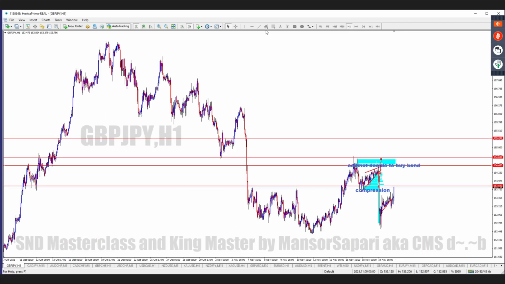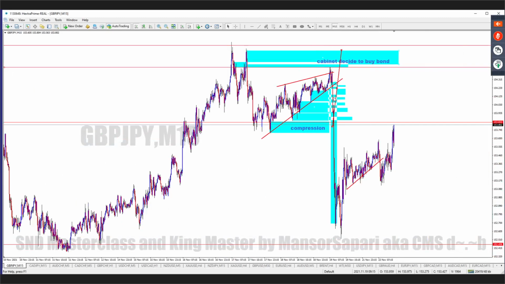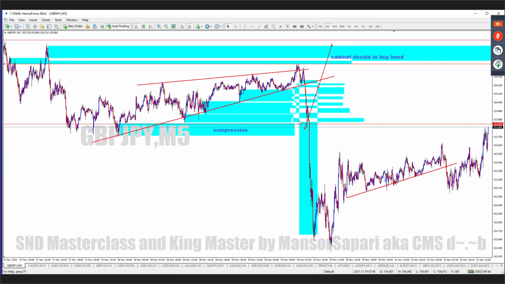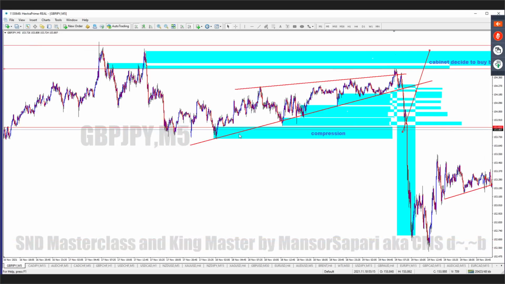You need to see where the major support and major resistance are. Sometimes I use M15 or a smaller time frame or M5 because I want to show clearly that it is a fake out with a CP in one single screenshot. Do you understand what I mean?